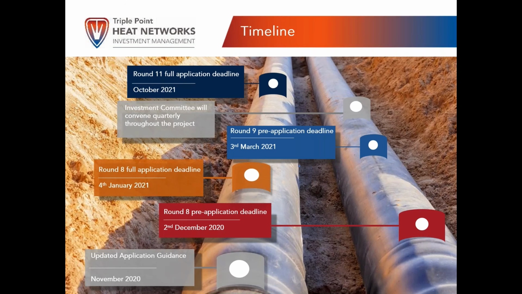Just a timeline of where we're at. We are looking to publish updated application guidance hopefully this month. Sorry, the slides will be shared after the session. Apologies, I should have said that earlier on.